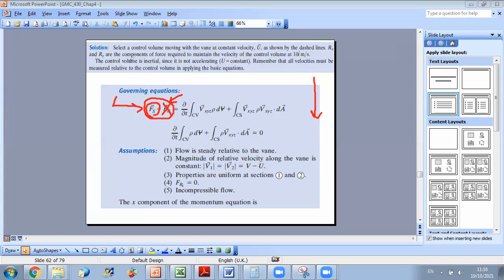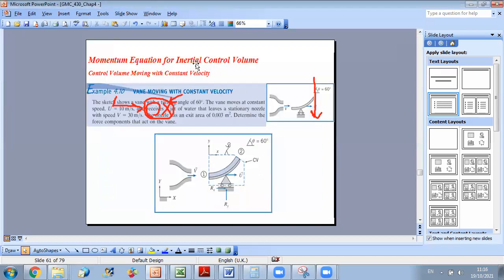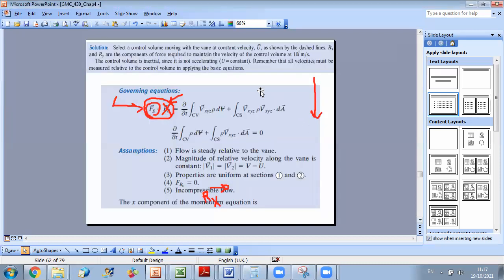So what remains? If you look at the figure here, the only force along x acting on the vein is the support reaction Rx. So Rx should be equal to this term, which represents the momentum fluxes through the control surface at the inlet and at the outlet, because this term is zero since it's a steady application.